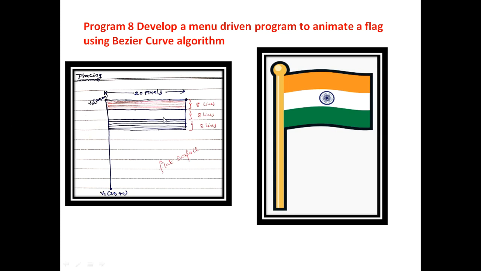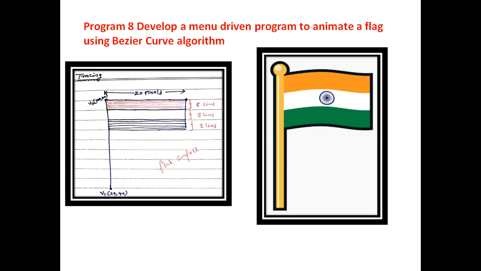When we give motion to this flat surface, each horizontal line of the flag becomes a curve. When you give movement or motion to the flat surface of the flag, each line of the flat surface looks like a curve.